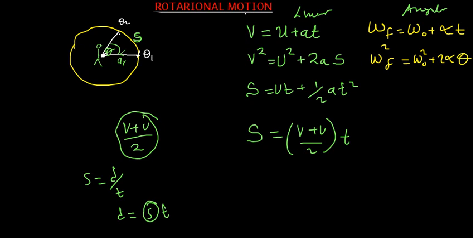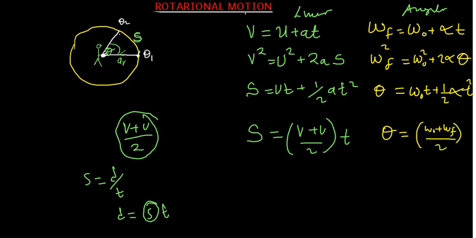So theta is equal to omega initial times time plus half a t squared, with acceleration becoming angular acceleration. And theta will also be equal to omega initial plus omega final divided by 2 times time. So these are the equations that we use.